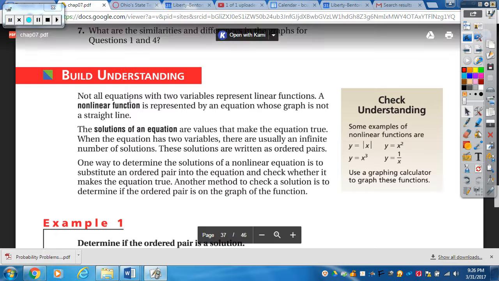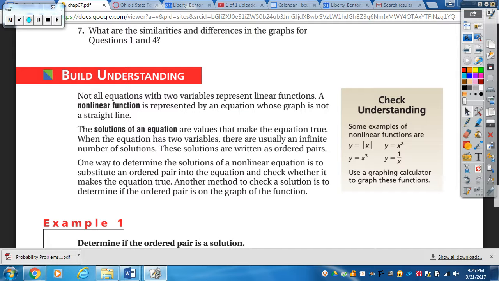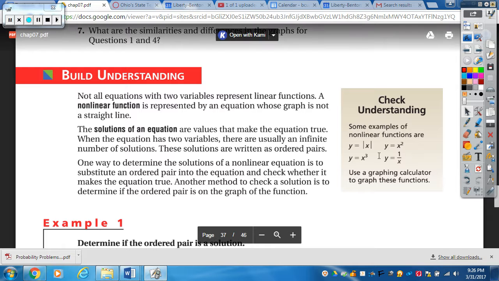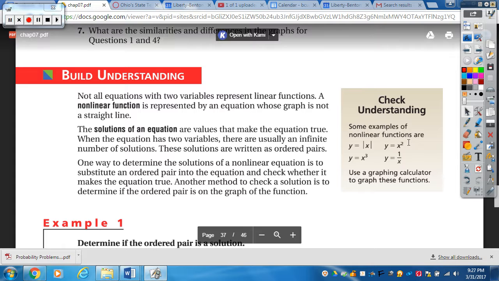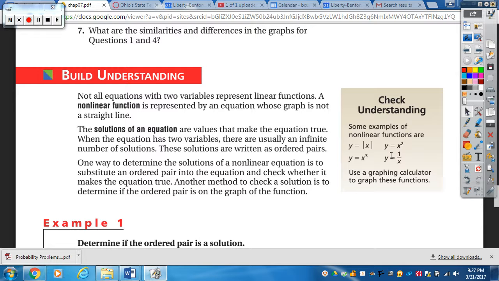So here's what it says: building understanding. Not all equations with two variables represent linear equations. Okay. If you look over here, we have some examples. And actually, if you take one of my calculators, and I wanted to show you this, but I couldn't find my calculator emulator to show you it. But if you take one of my calculators from the back of the room, and you press on the y equals, and you're able to enter any of these equations in there, and then press graph, you're going to see lines that aren't lines.